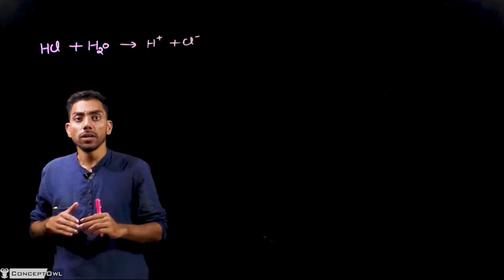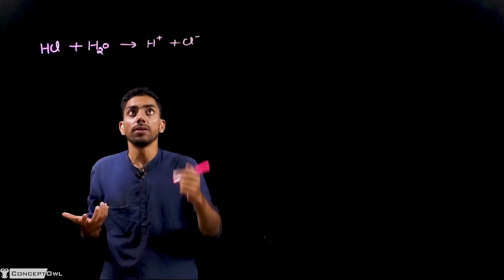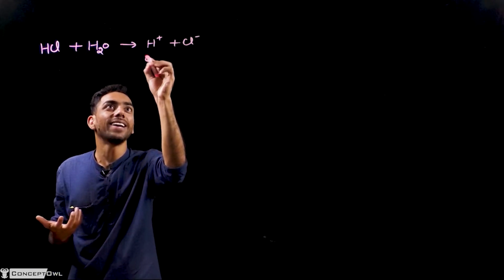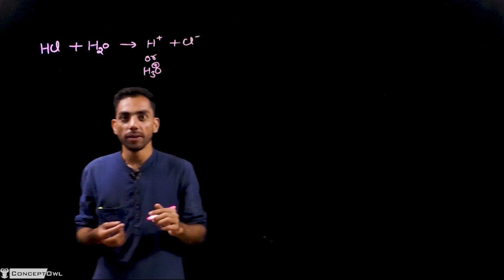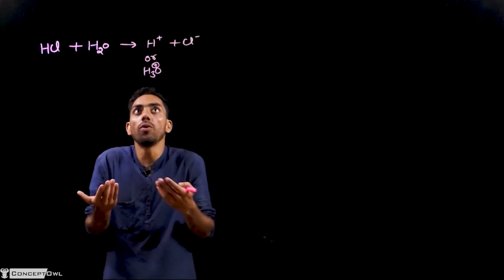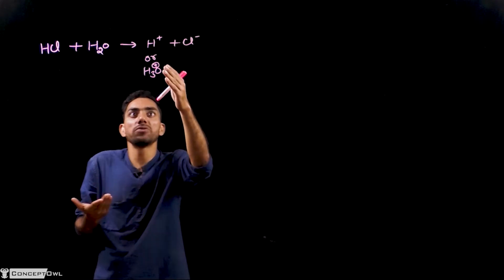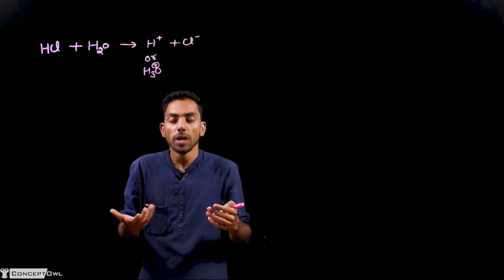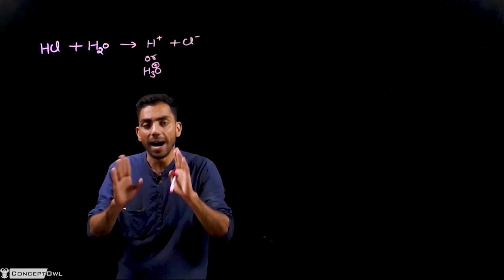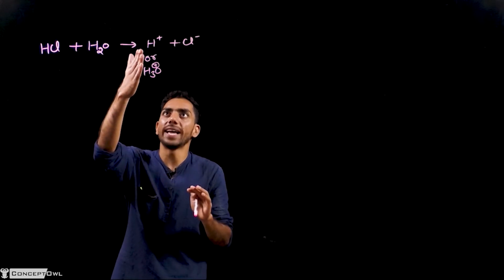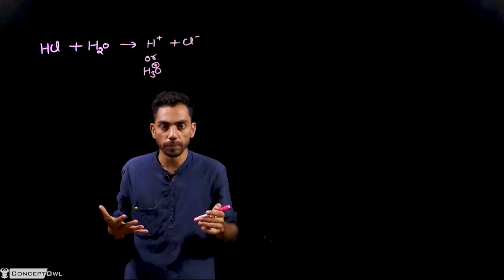And many times students have confusion with H positive and H3O positive. They don't know what is the difference between H positive and H3O positive. So these two are the same. The idea is the same. Either you can write H positive or H3O positive.